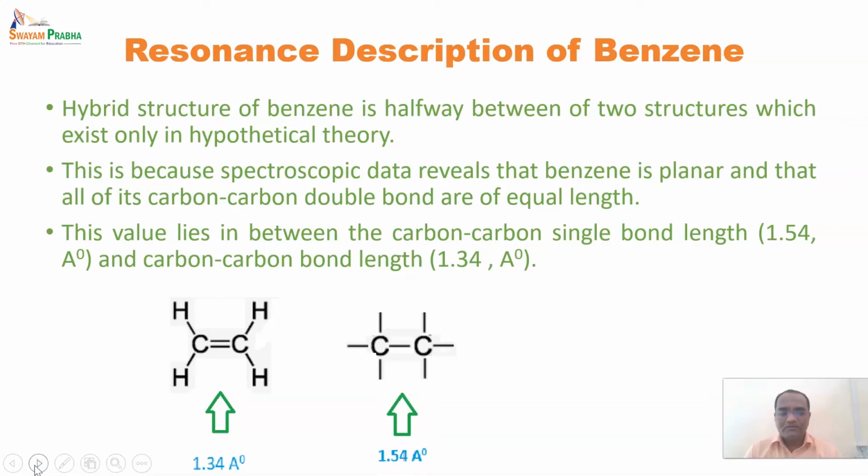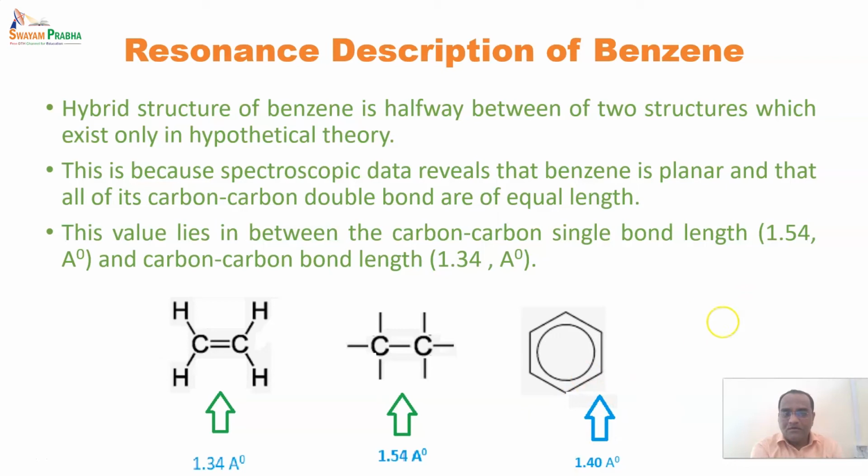Here you can see that 1.34 is a smaller value for a carbon-carbon double bond, but in actual benzene, each carbon-carbon bond has a length of 1.40 angstrom. As per the proposal, it should be 1.54 for the alternate carbon-carbon single bonds in benzene, followed by an alternate double bond, again a single bond, again a double bond.